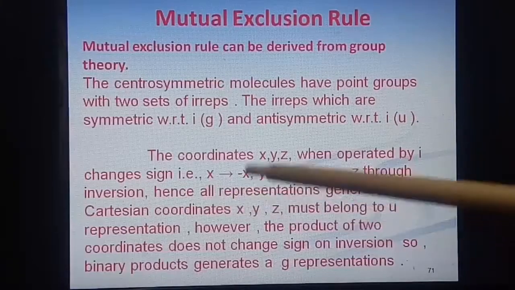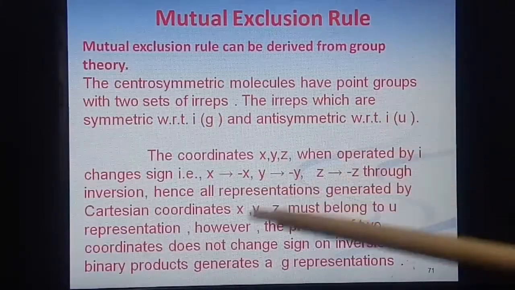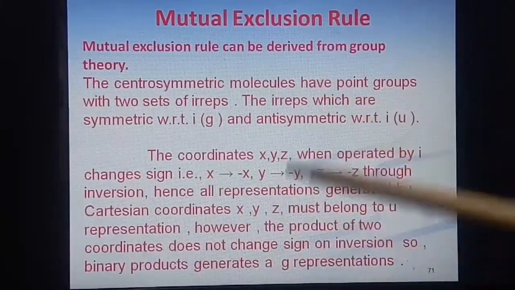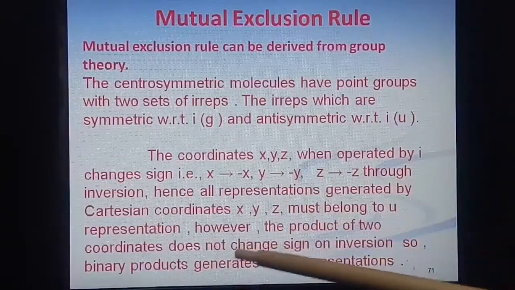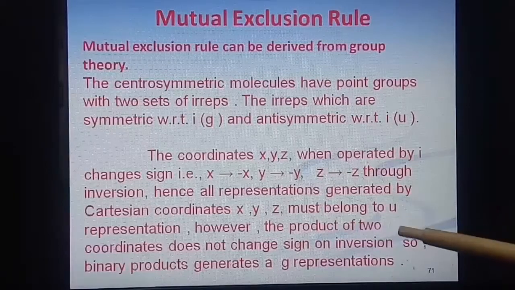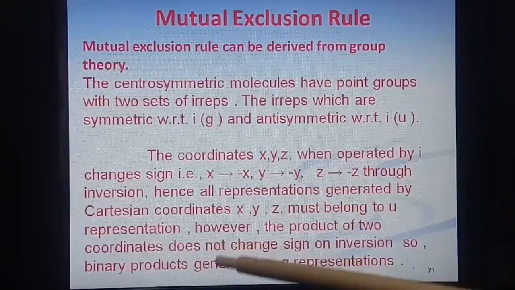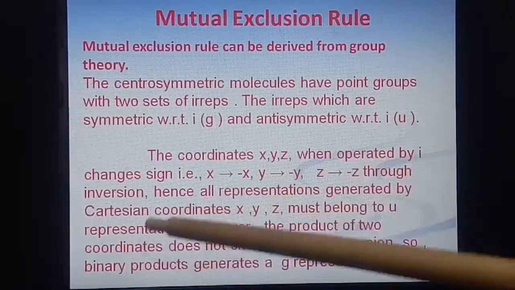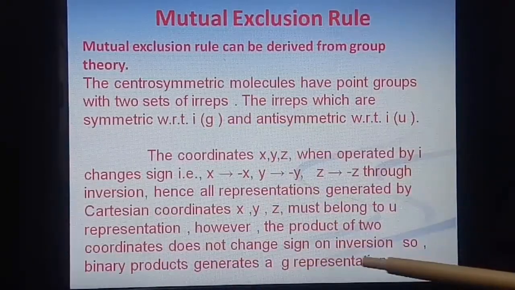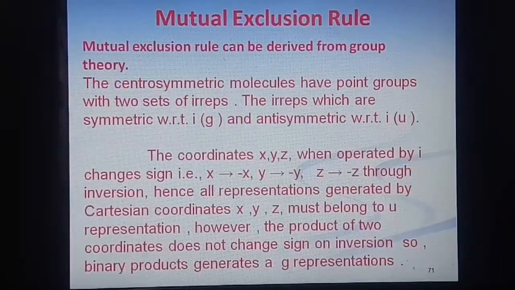Hence, all representations generated by the Cartesian coordinates x, y, z must belong to u representations. However, the product of two coordinates does not change sign on inversion, so binary products generate a g representation.